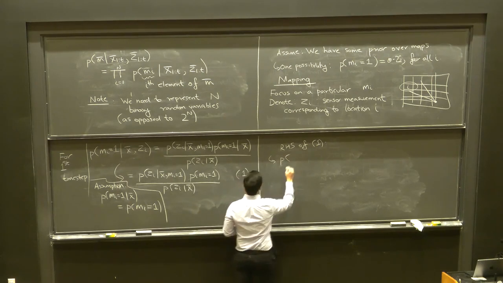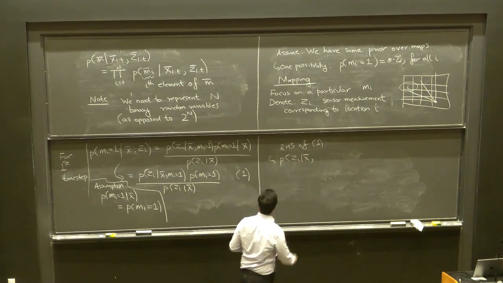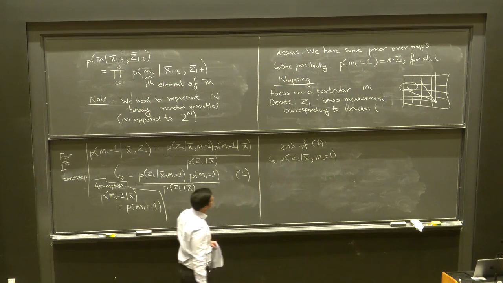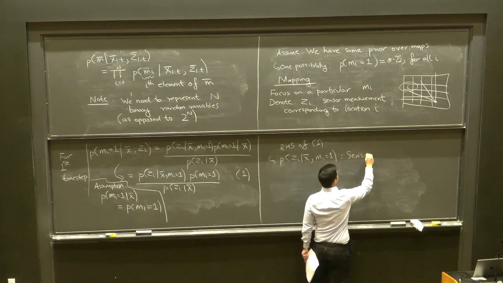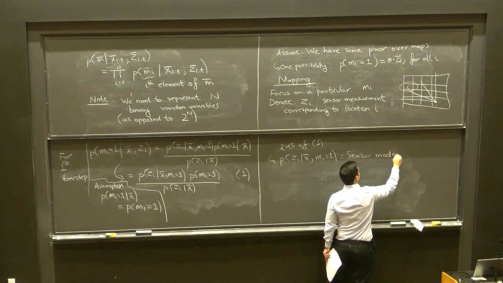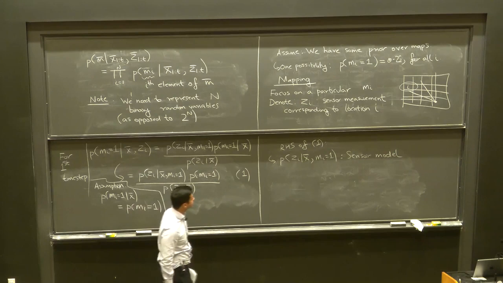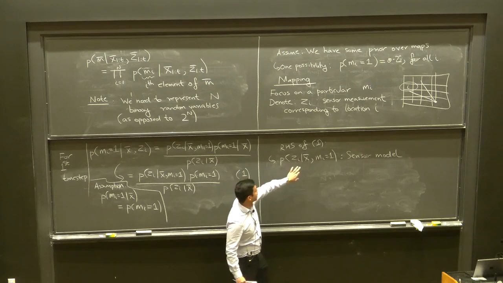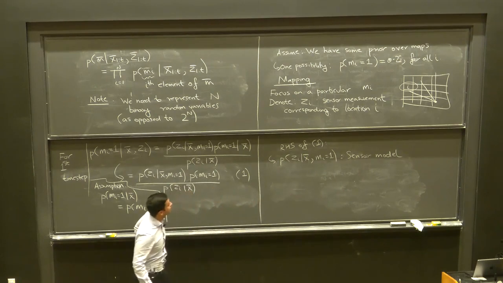The first one is P of Zi given the robot's state or location, and Mi equal to 1. This is our sensor model, which we discussed versions of in the previous lecture. This tells us the probability that the robot receives sensor measurement Zi, given that it's in location x, and given that the cell is in fact occupied.